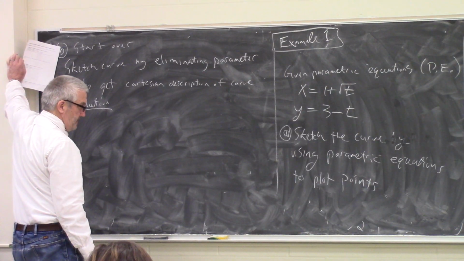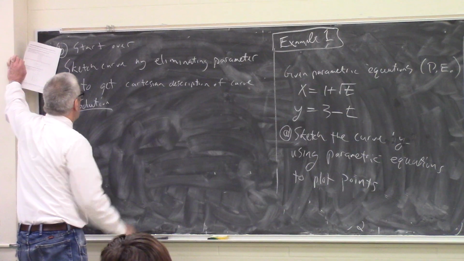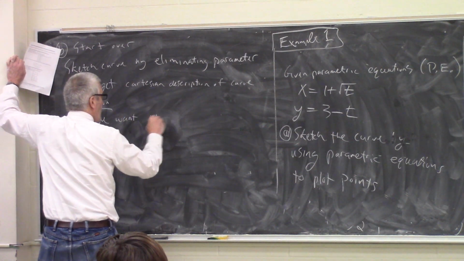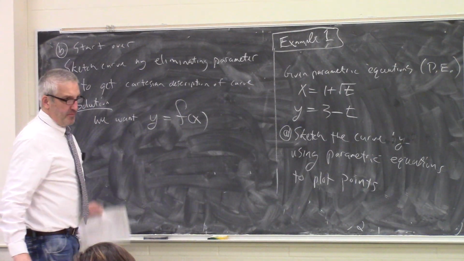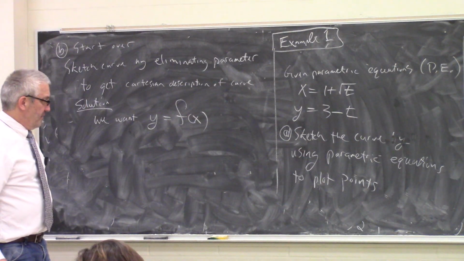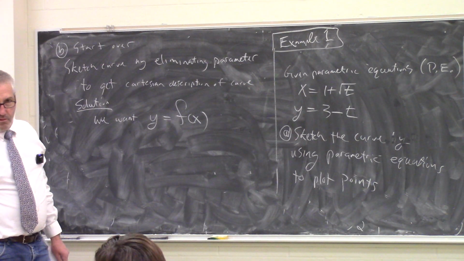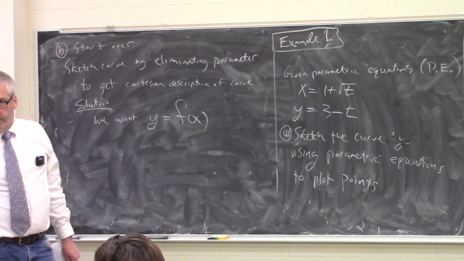So we would like to have y as a function of x. So we want x to be the variable. So how should we do this?